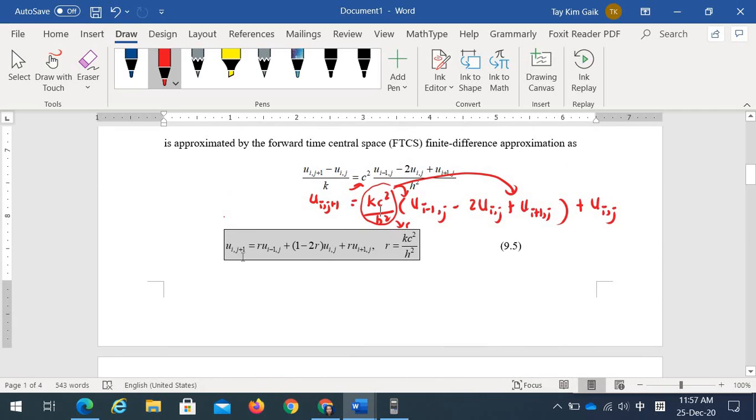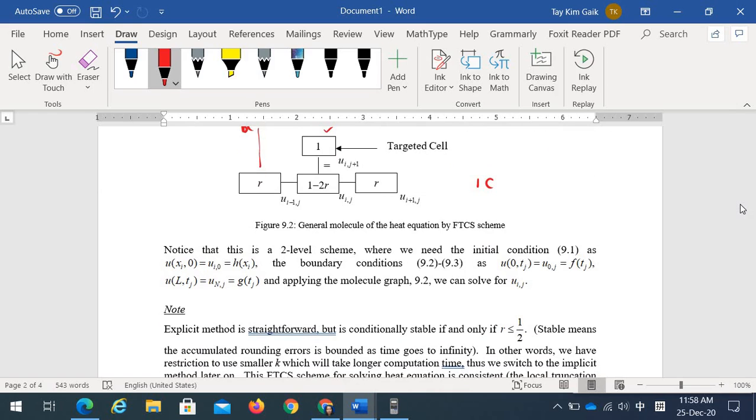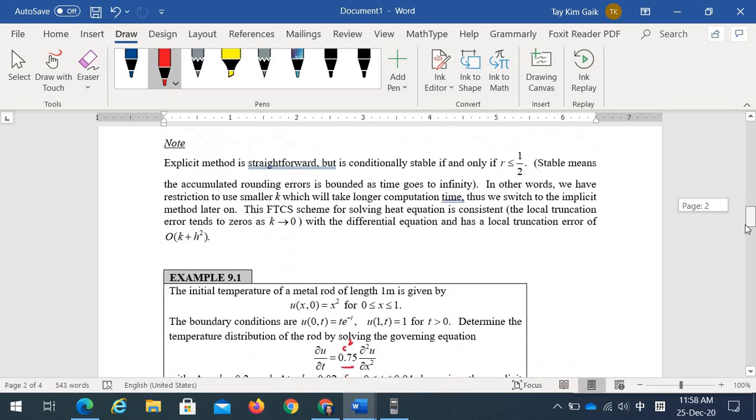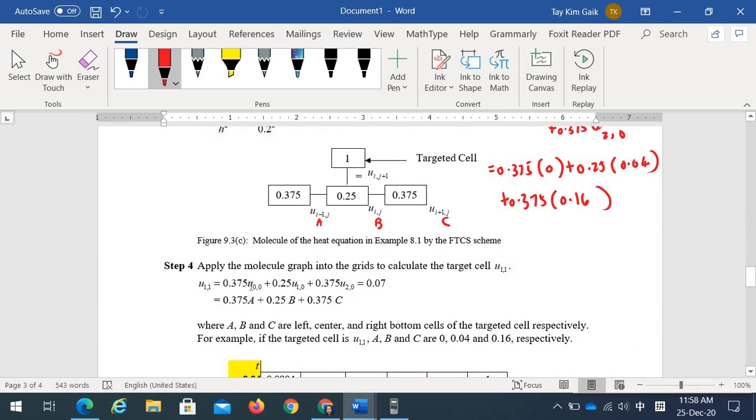This formula, when you calculate U11, if I is 1, J is 0, then you plug in I is 1, J is 0, so you get U11. You plug into the formula, you get here, and later on plug in all the U values and press your calculator.